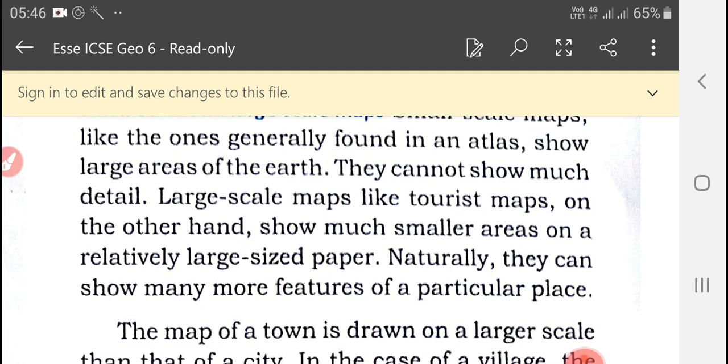Large scale maps, like tourist maps, are one example of a large scale map. They use it because they need more details.